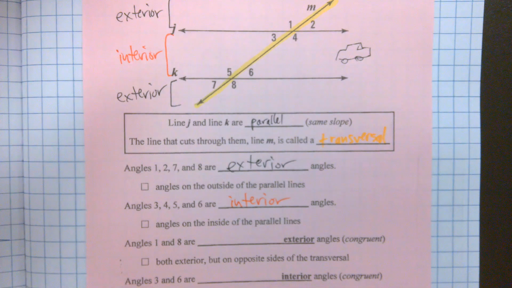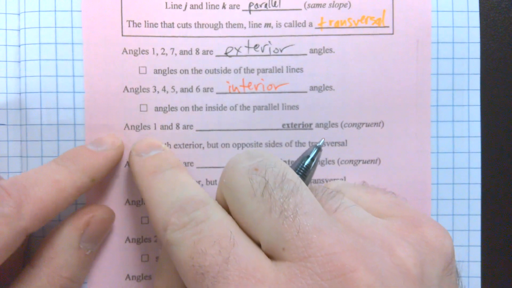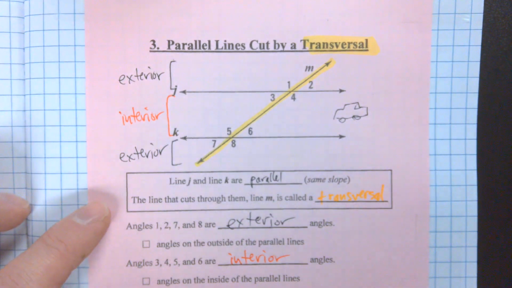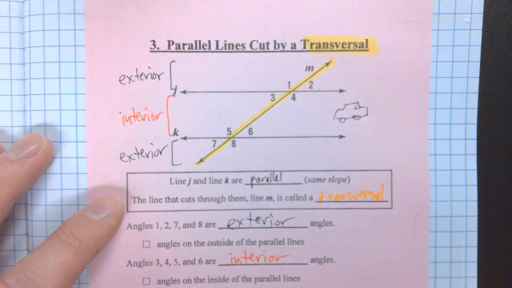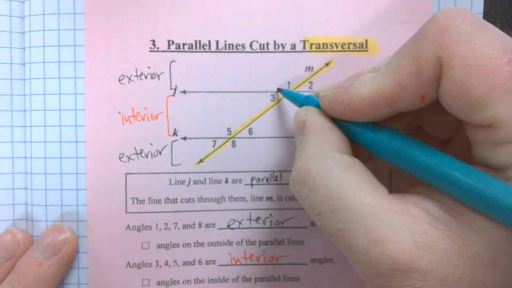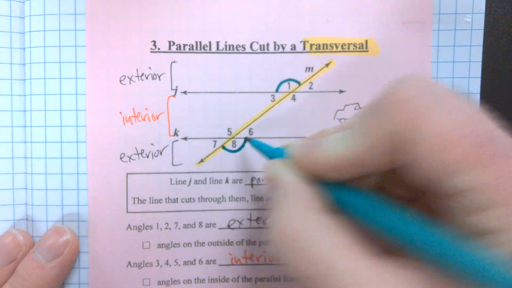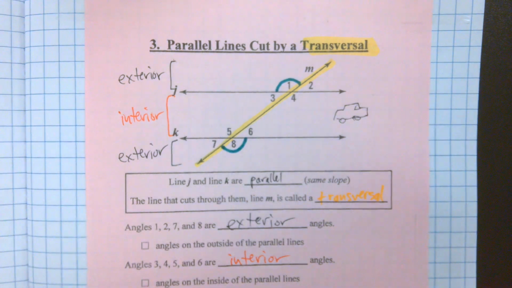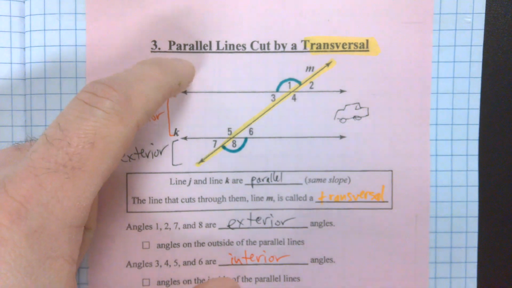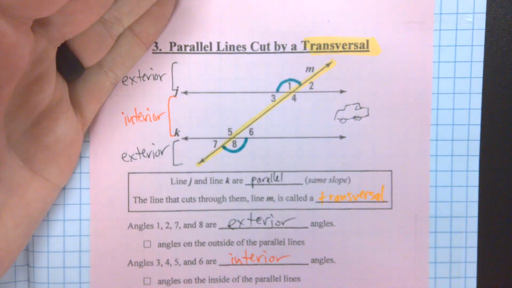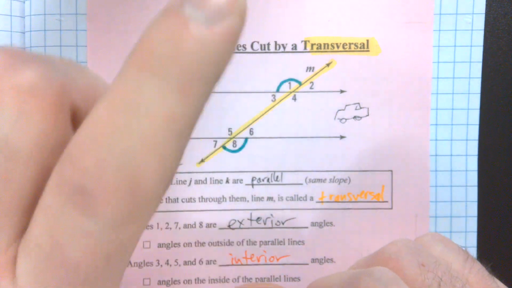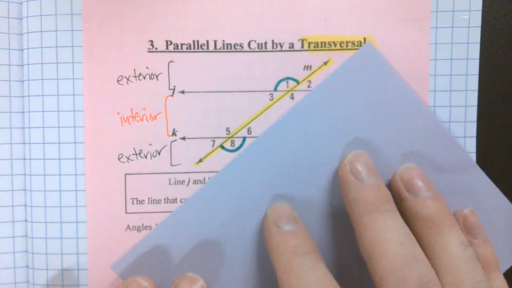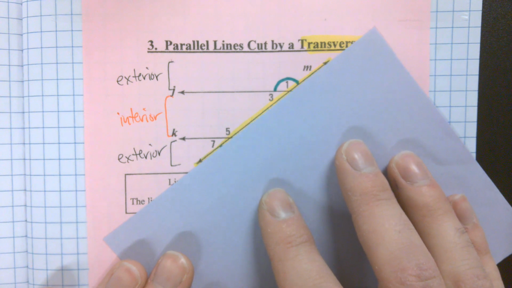Okay, now we can be a little bit more specific. If we're looking at just angles 1 and 8, here's angle 1. You don't need different colors for this. We're going to do that in a second. Angles 1 and angle 8. Are those interior angles or exterior angles? Exterior angles. And now we're going to qualify it with this. They can either be on the same side of my crosswalk, or my transversal, or they could be on alternate sides. So if I look, there's my transversal.